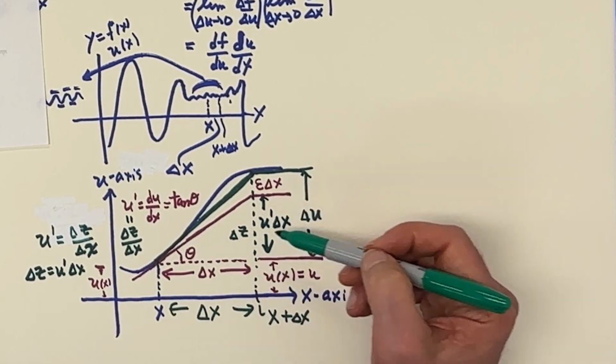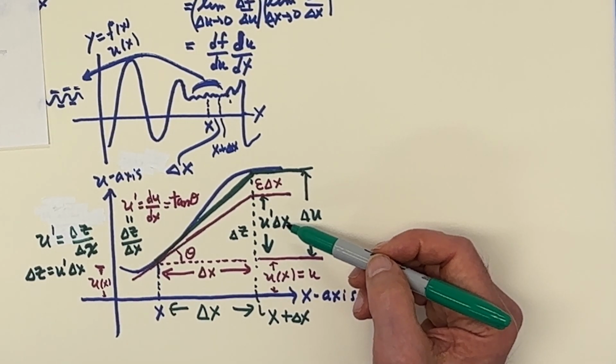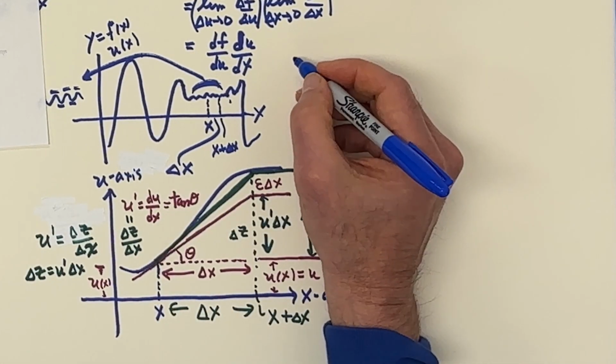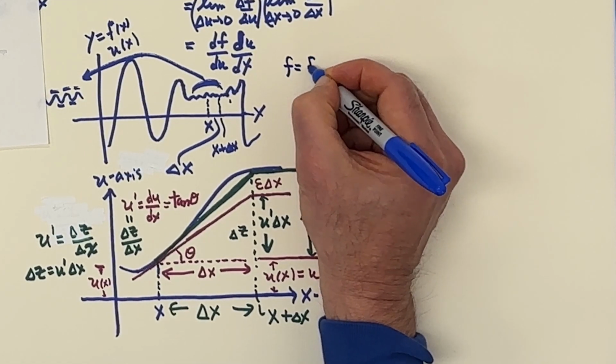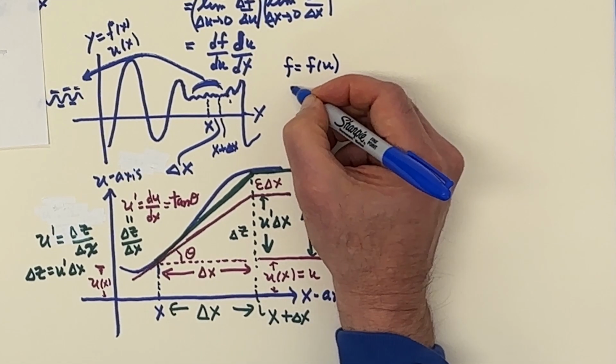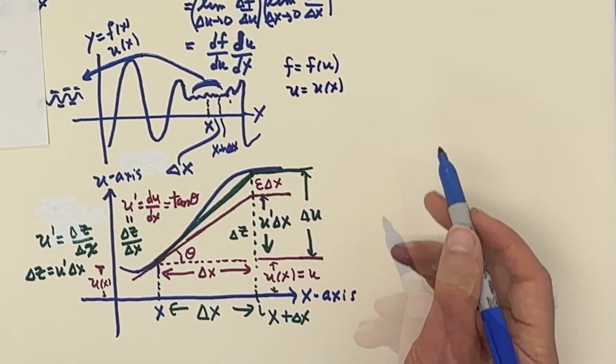So I have a lot of stuff in this diagram. So now we remind ourselves that f is equal to f of u, and u is u of x.